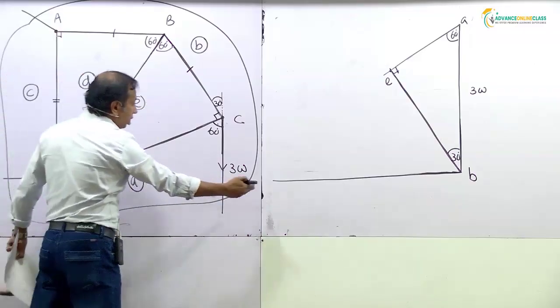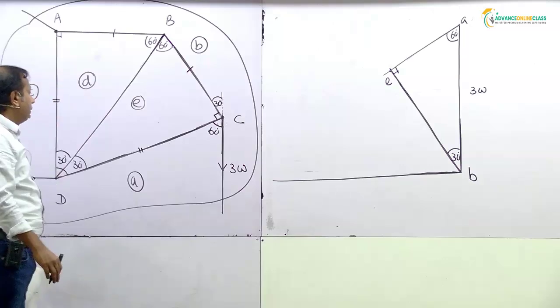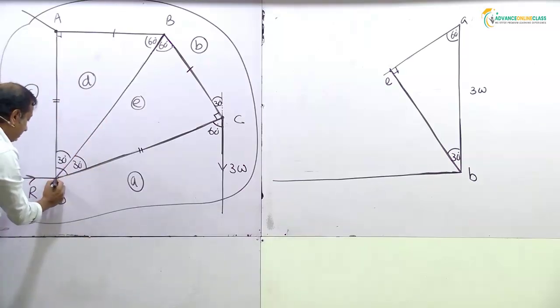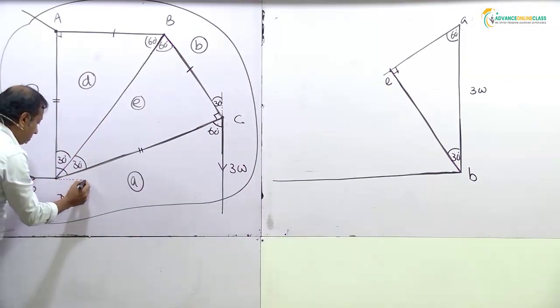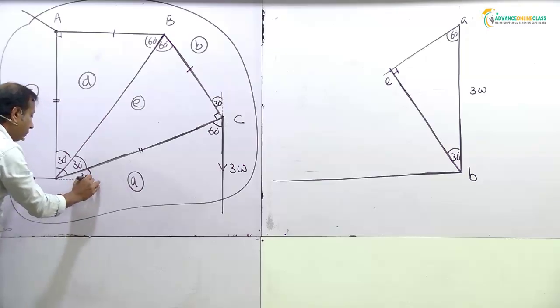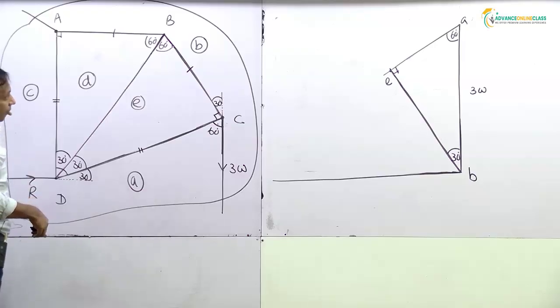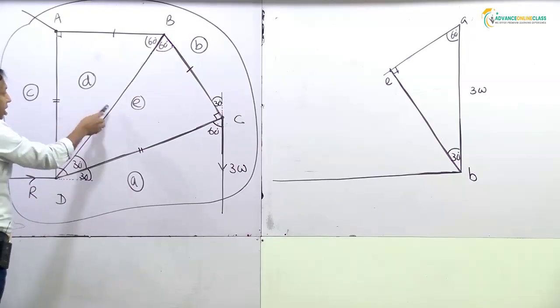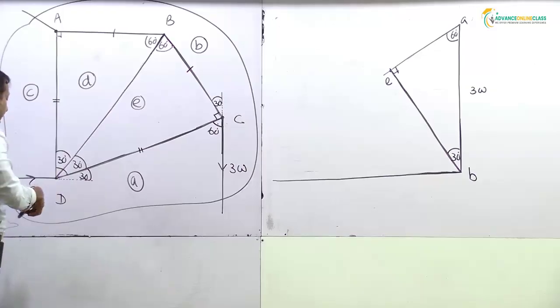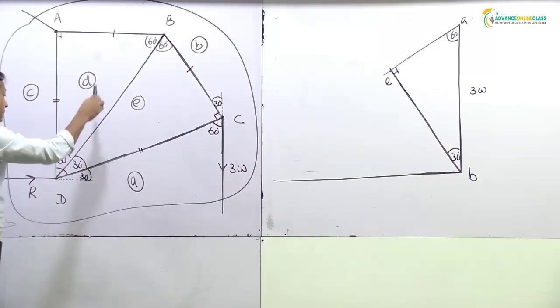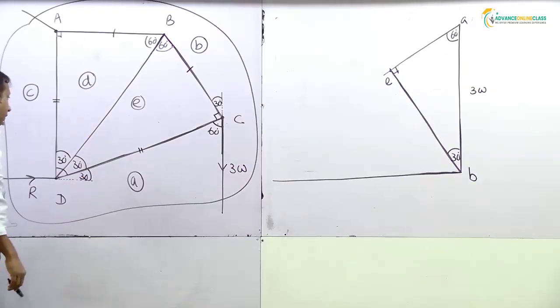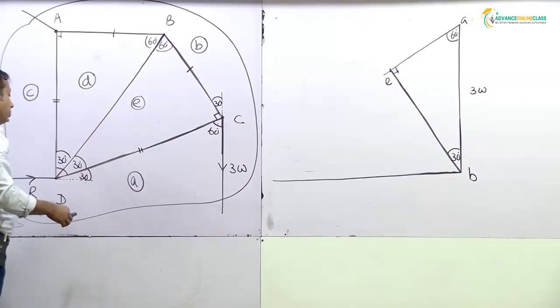D should be on this. DE line should be drawn parallel to BD rod. BD rod makes 60 with the horizontal. DE line should be drawn parallel to this BD.